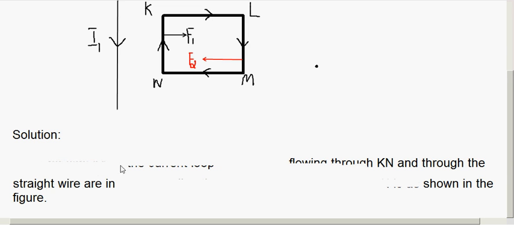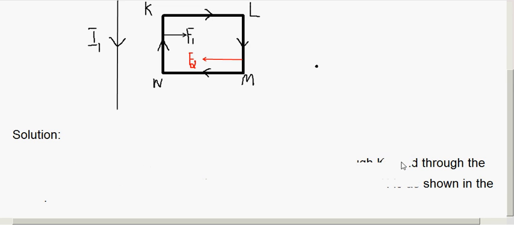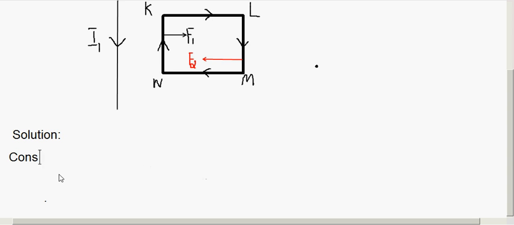So consider side KN of the current loop.